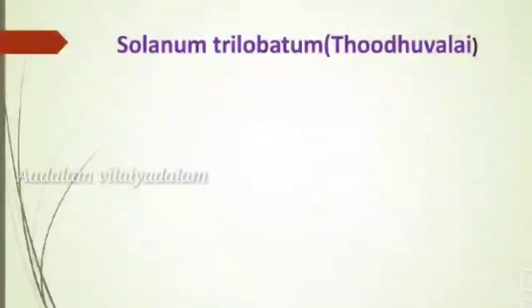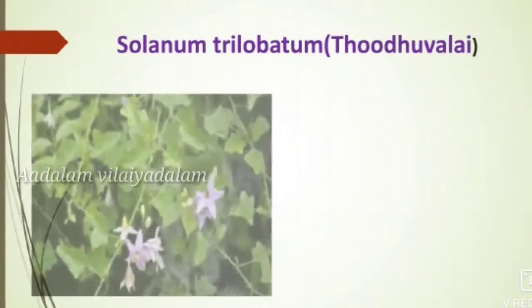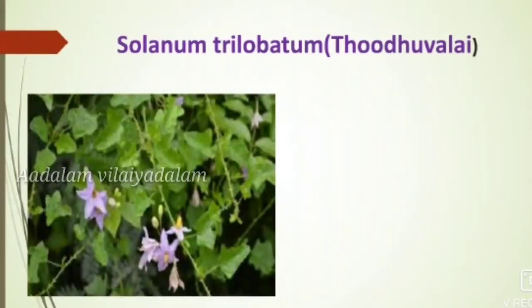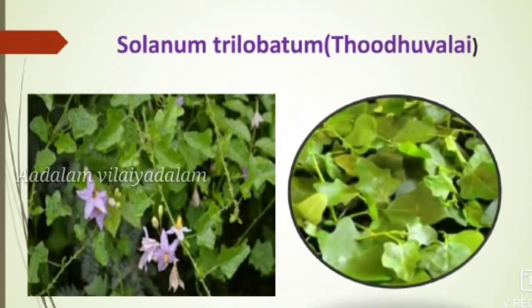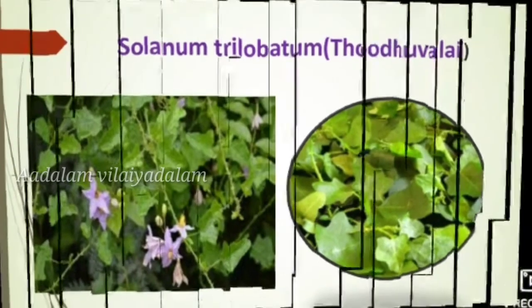The third one is Solanum trilobatum, commonly called Thuduvalai. It belongs to the Solanaceae family, and the leaves and fruits of this plant cure cough and cold. It is widely used in the treatment of tuberculosis and asthma.